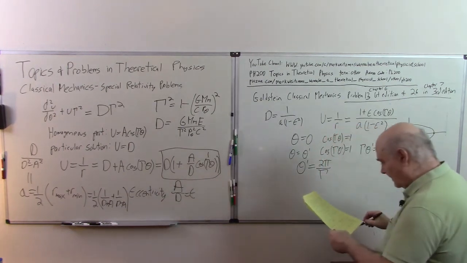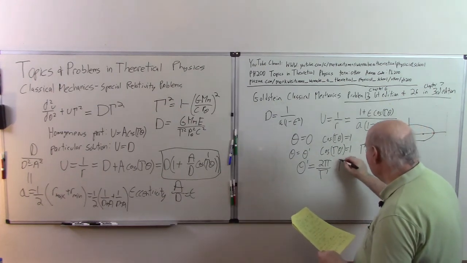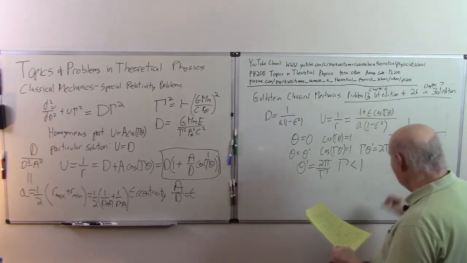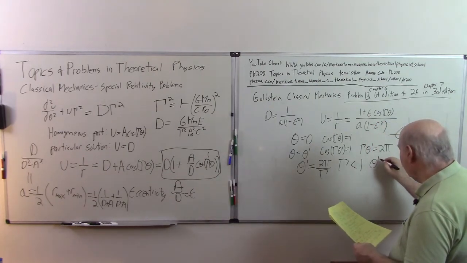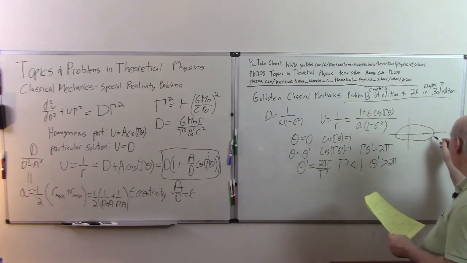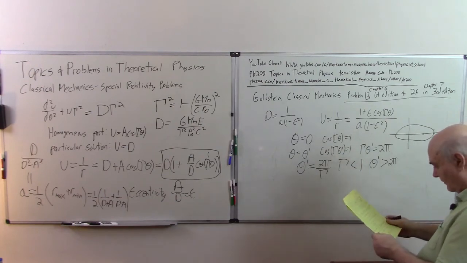And notice that gamma, I don't have the definition on the board anymore, but it was 1 minus something small. So gamma is less than 1. That implies theta prime is greater than 2 pi. So on the next orbit, the maximum is going to be somewhere like over here at an angle theta prime, and that gives us our precession.